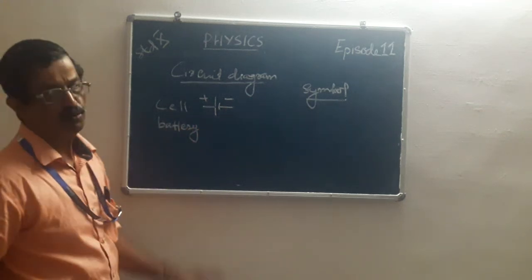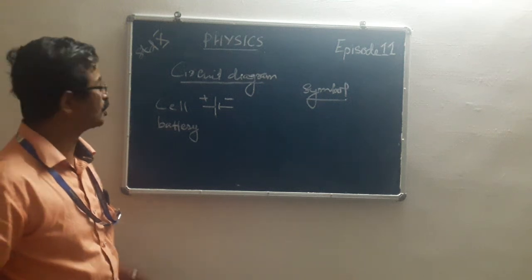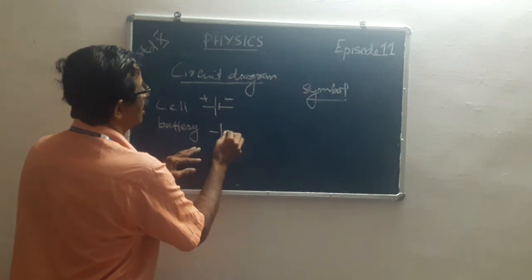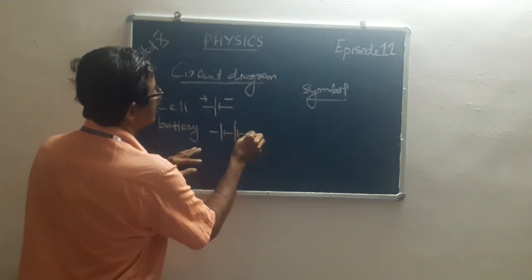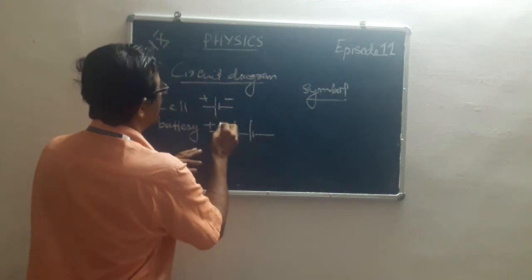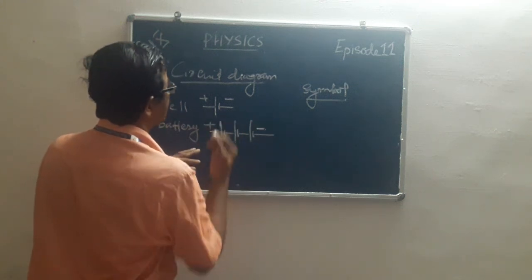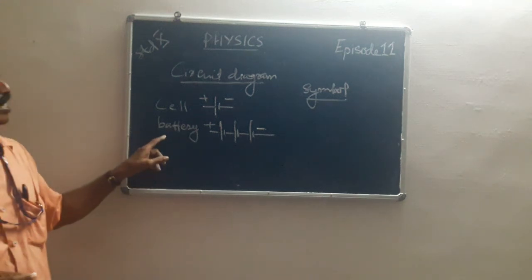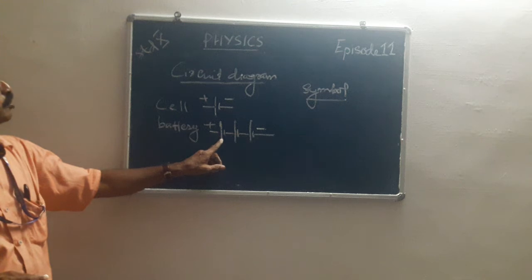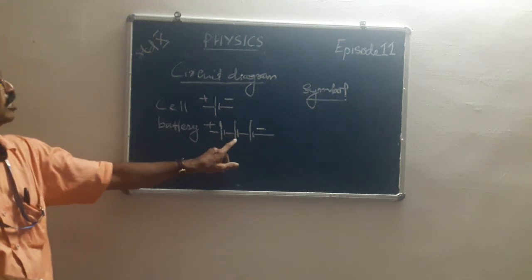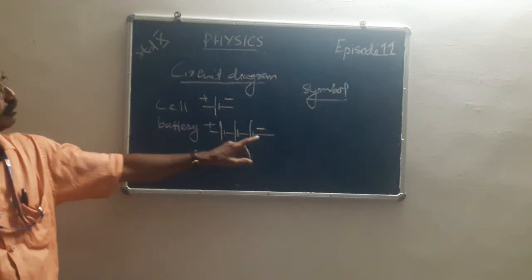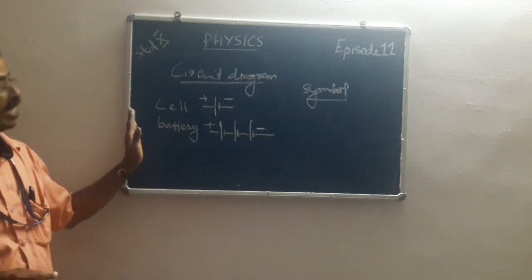Battery means a combination of more than one cell. Here again the longer line is positive and the shorter one is negative. When we connect a battery, the cells are arranged so that negative is connected to positive of another one, and then again negative, positive. In this way we represent a battery.